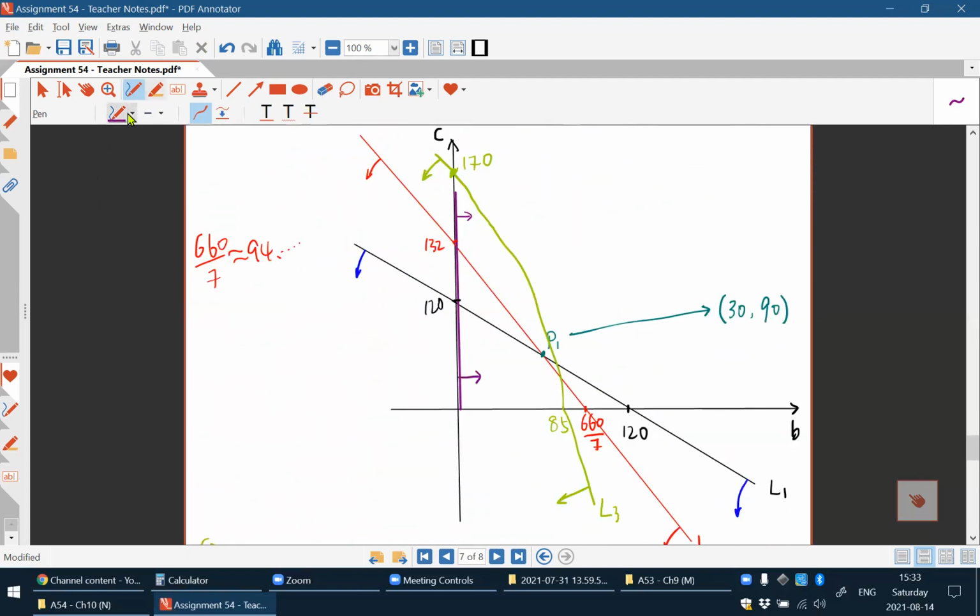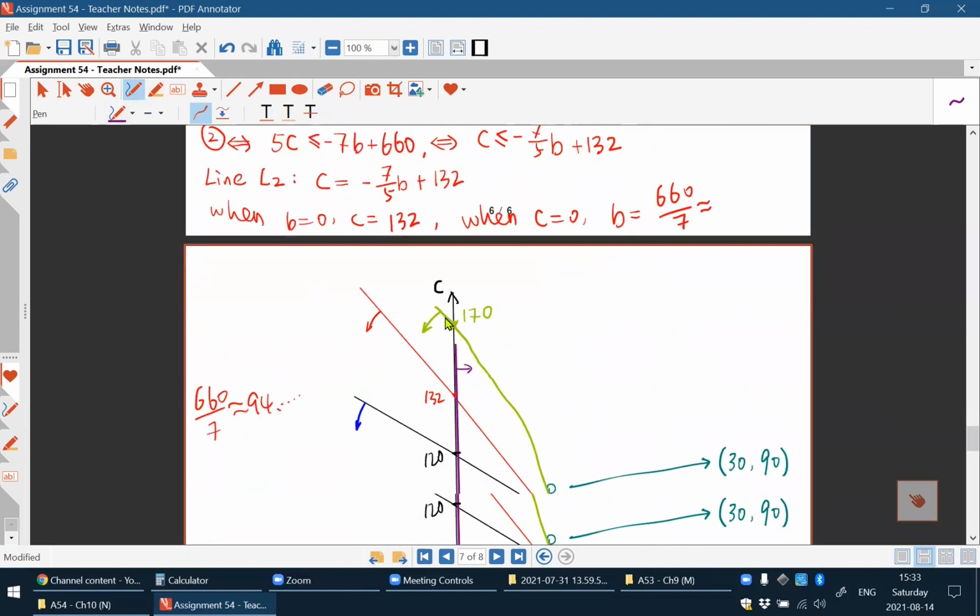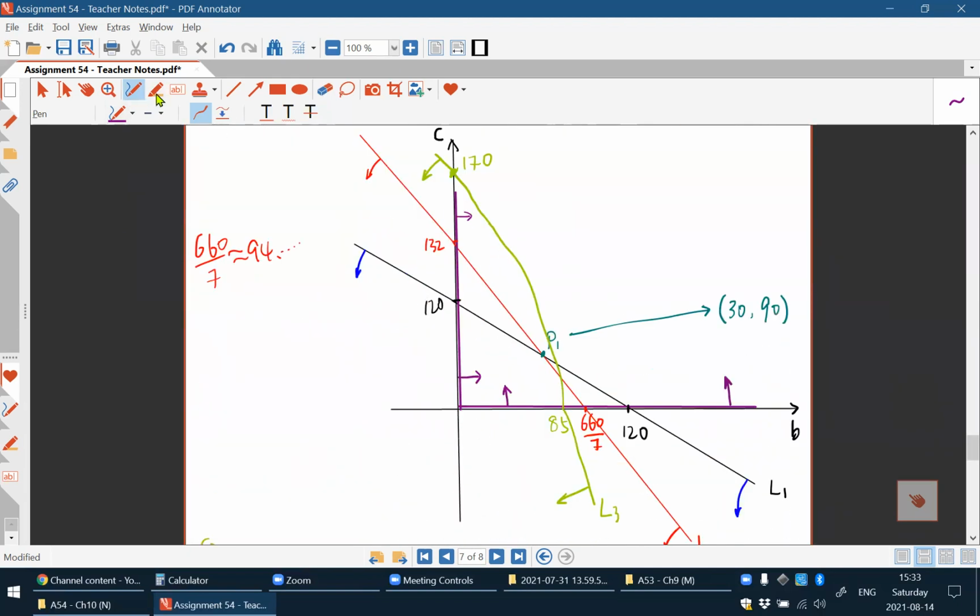So C equals 0 looks like the horizontal axis, right? And this constraint says C must be above this line. Okay, so this is the fifth region. So now can you see what is the overlapped area of the 5 constraints, 5 inequalities? Let's mark them.